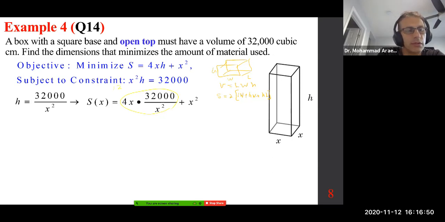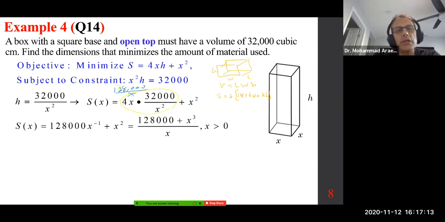Over x, because x and x squared cancel each other, they give us 1x.